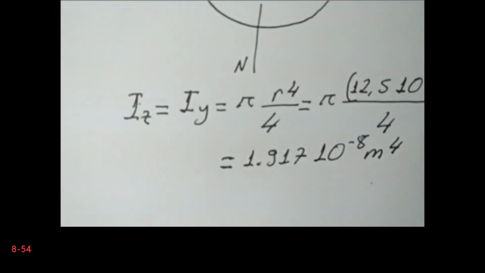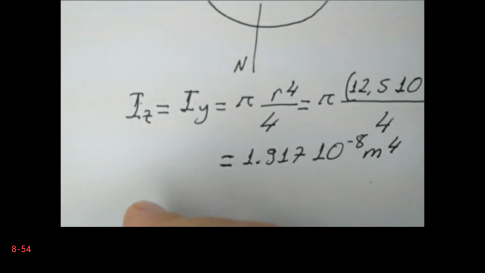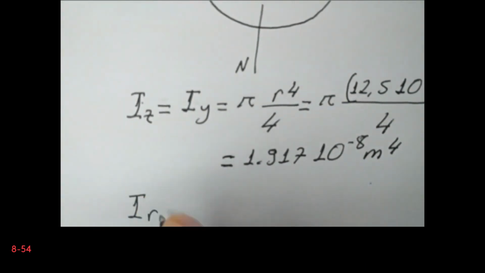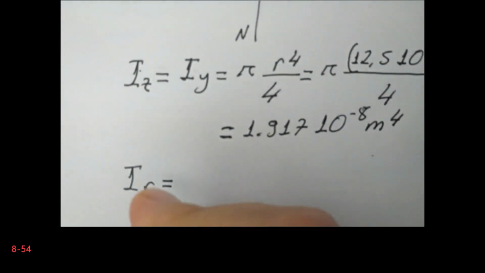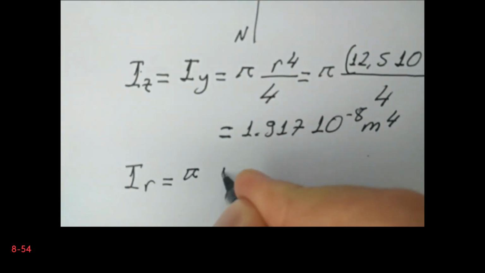Now we need to calculate the rotational moment of inertia. That is pi r to the power 4 divided by 2.